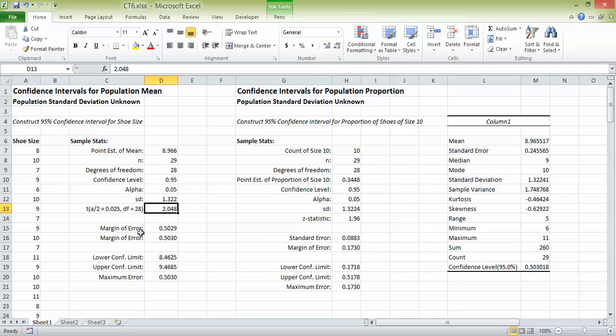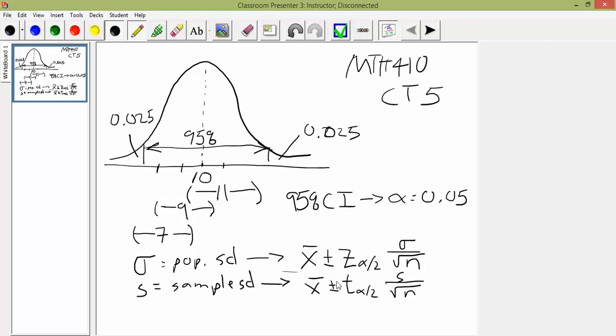Margin of error. Now this is the value that is the plus or minus. I did it two ways here. The first way is using our calculation, the equation that I showed you before. I take my t-value, multiply by the sample standard deviation, and divide by the square root of n.